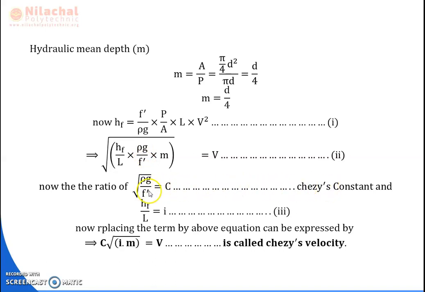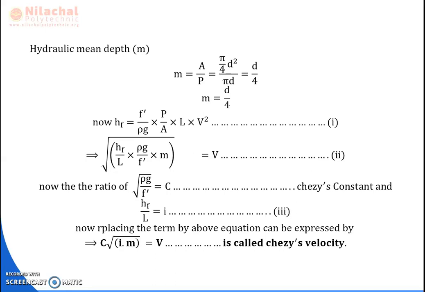Putting C and i, we get V is equal to C square root of m i, where i is the loss of head due to friction per unit length of the pipe, and m is the hydraulic mean depth. In this way, we get the velocity of water from Chezy's formula as V is equal to C square root of m i.